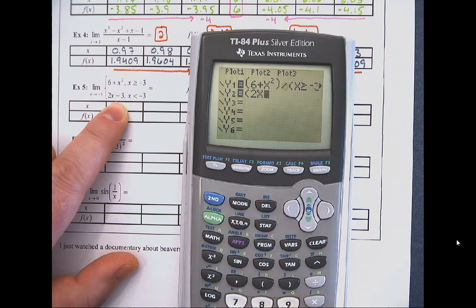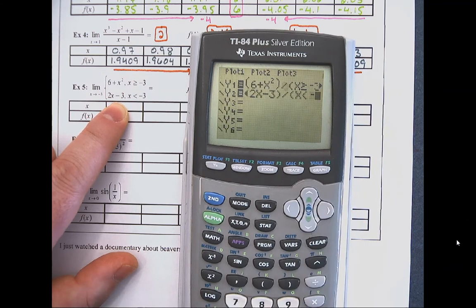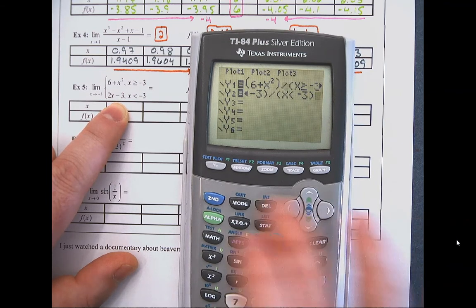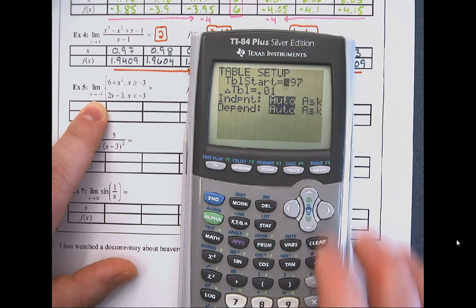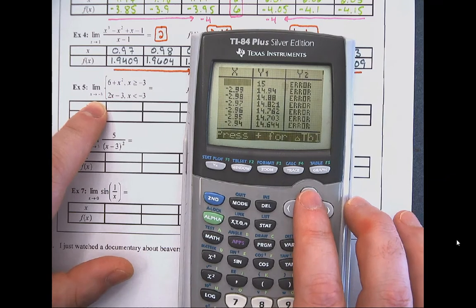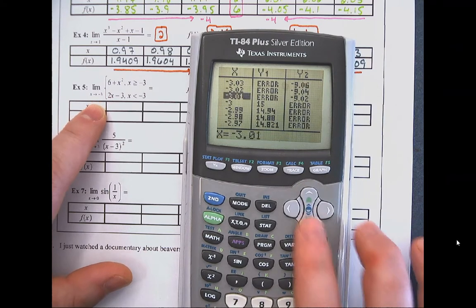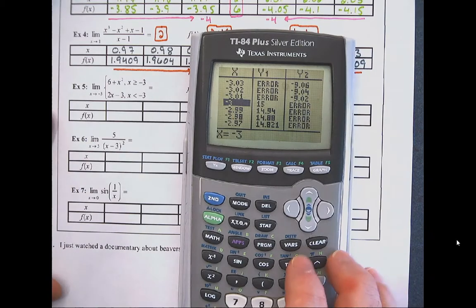Then 2x minus 3 again, divided by, this time we're going less than -3. Table setup should be at -3. Center it, so -3 is in the middle. Ooh, this one's going to be an interesting one.